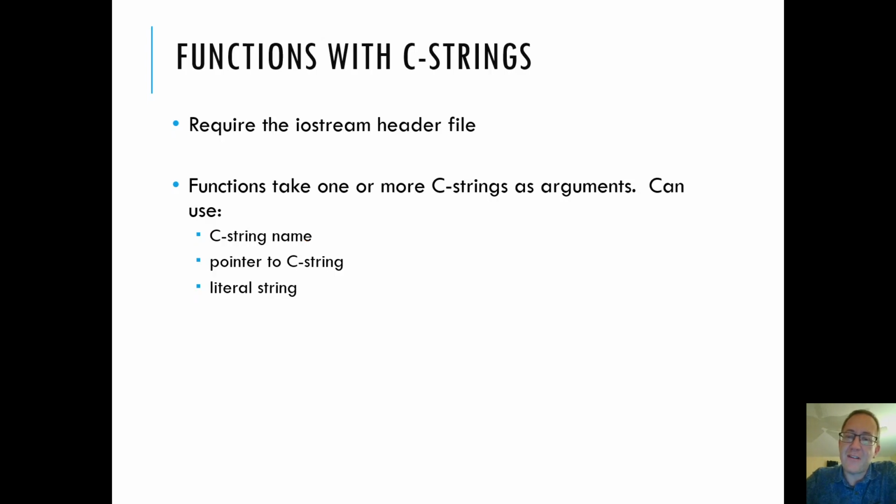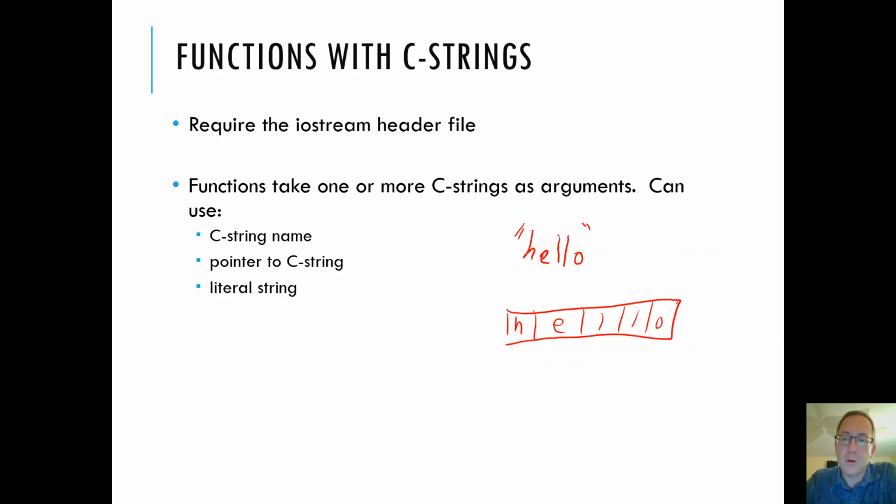Because what we end up having is something like, let's say, hello. Any given string has to be stored somewhere in memory, and either we're pointing to the front of it or the name is pointing to the front of it. It is just pointing to where this thing starts.